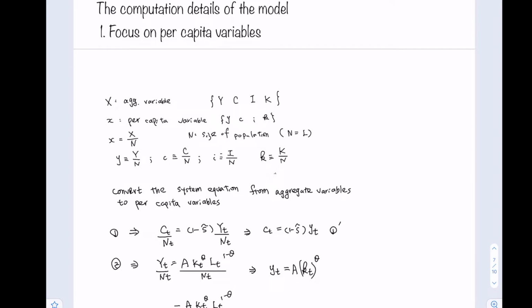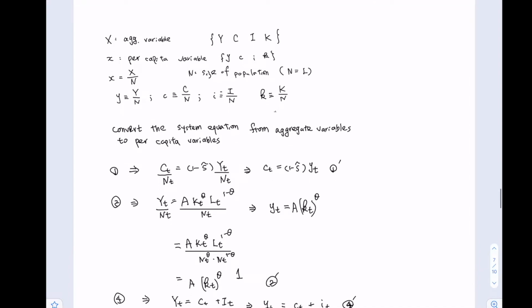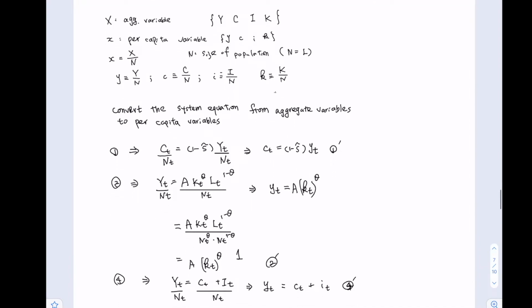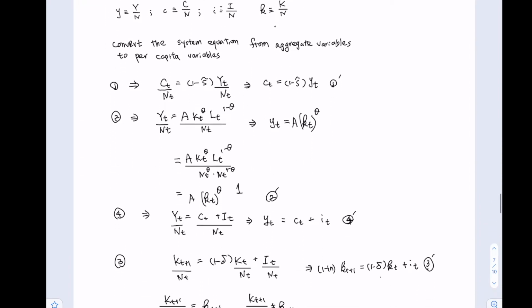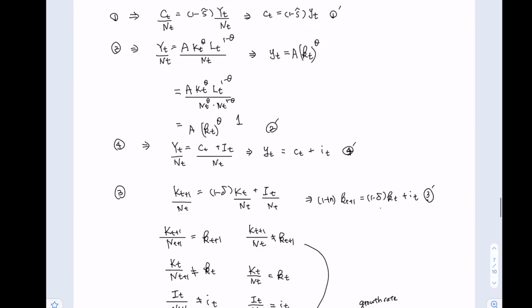Then we need to convert the system of equations above from the aggregated variable to the per capita variable. Here's how we do the conversions. When we divide both sides of the equation by N_t, we successfully convert equation 1 into equation 1 prime, that is c_t equals 1 minus delta times y_t. Nothing to do with the population changes.